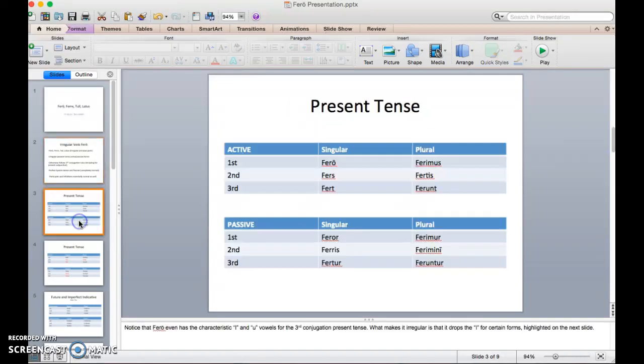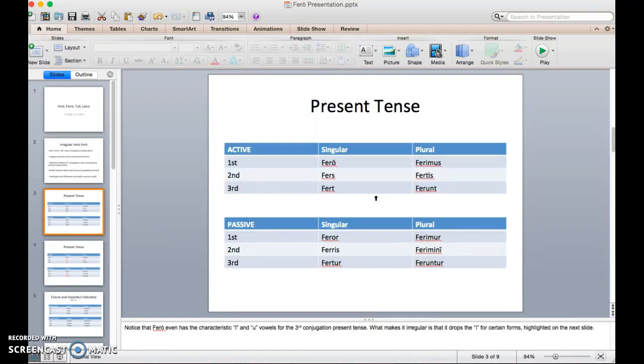So let's start with the present tense. So here's the present tense: fero, fers, fert, ferimus, fertis, ferunt. And the passive: feror, ferris, fertur, ferimur, ferimini, feruntur. Alright, so when you look at this, there are some really weird forms here. But before you think you should memorize these by sound, there actually is some logic you can look at.